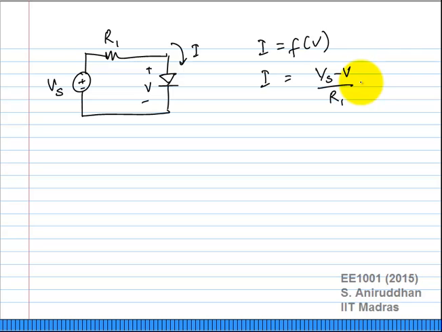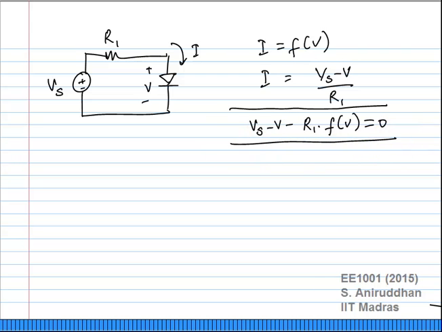You took one relationship, put it into the other one, and then solved it. You can start off like that here too. You can take the first equation and plug it into the second one, and you get a nonlinear equation.